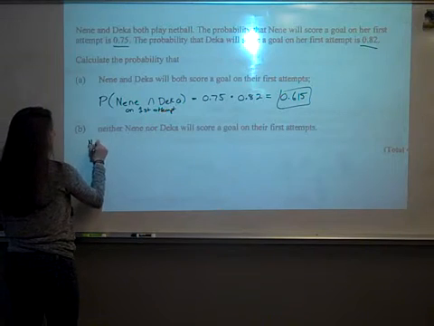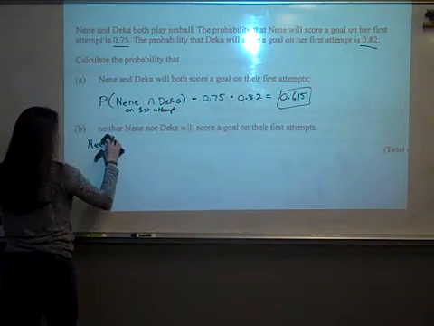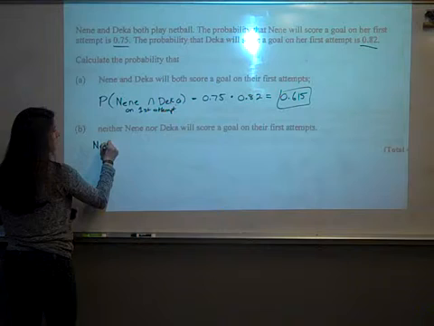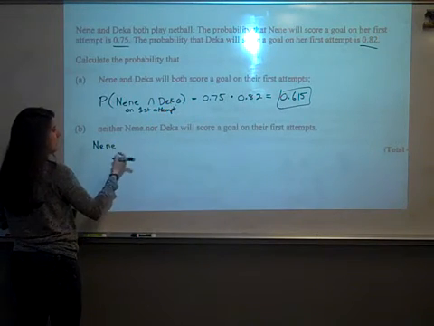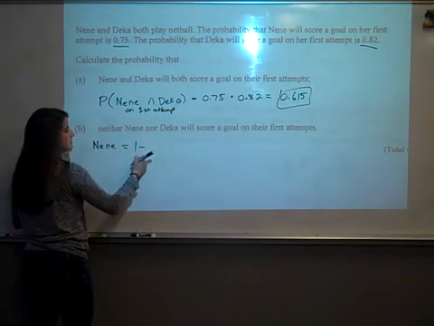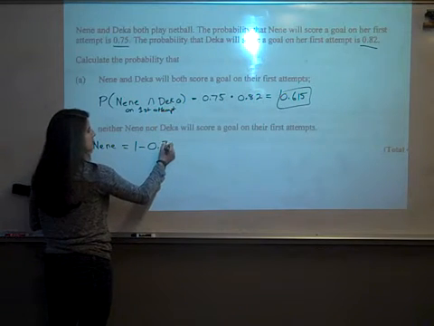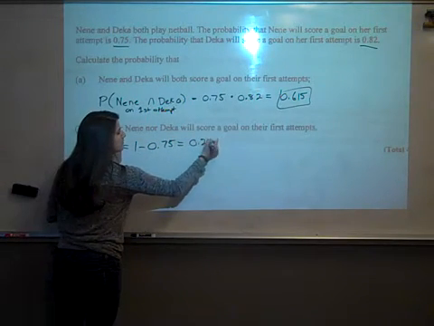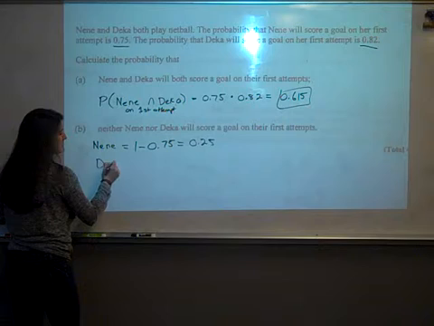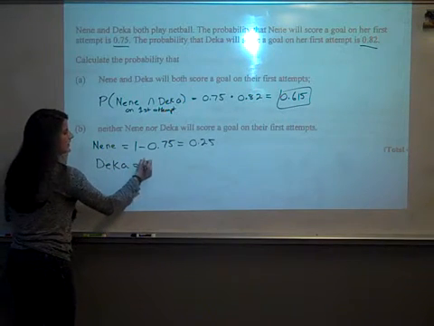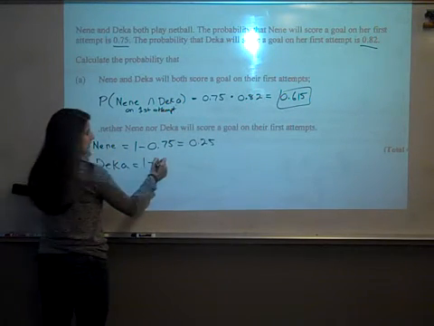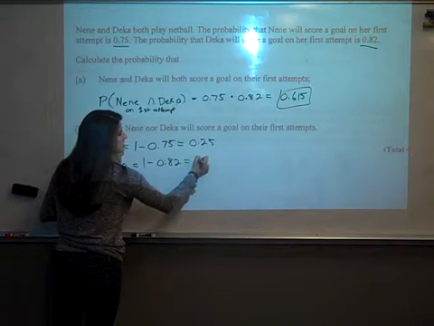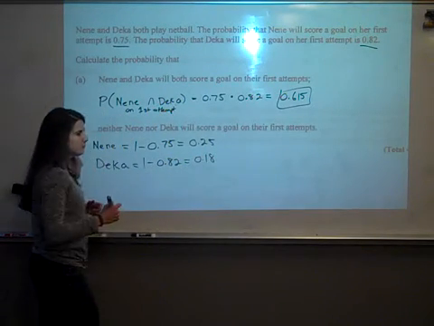So the probability that Nini does not score would be 1 minus the probability that she does score, which is 0.75, which equals 0.25. And then the same thing for Dika, it would be 1 minus 0.82, which equals 0.18.